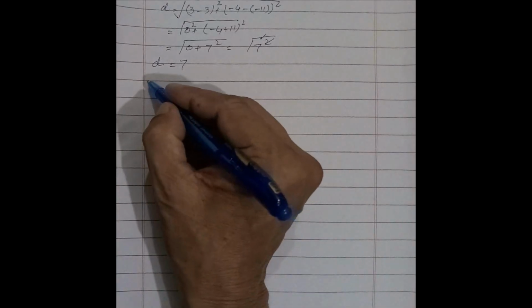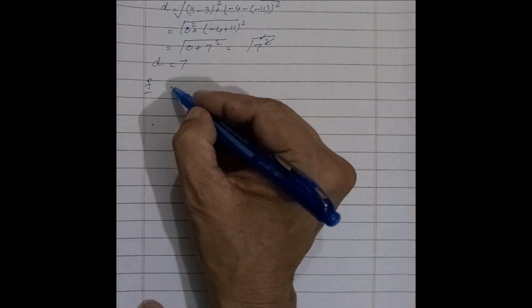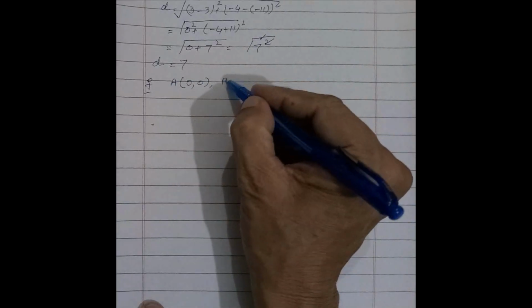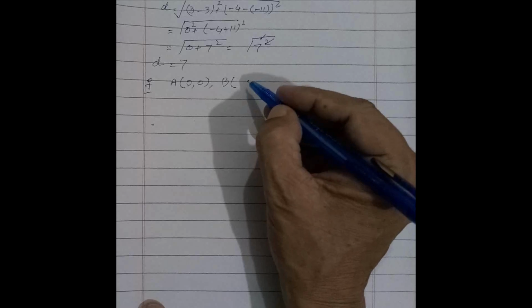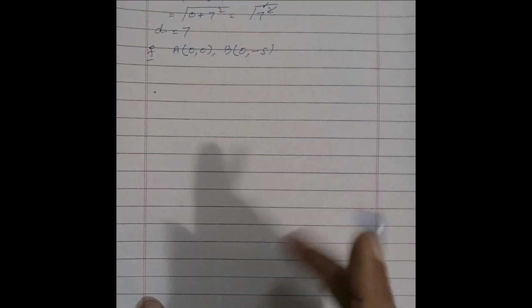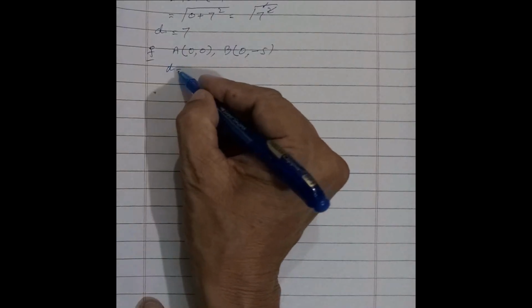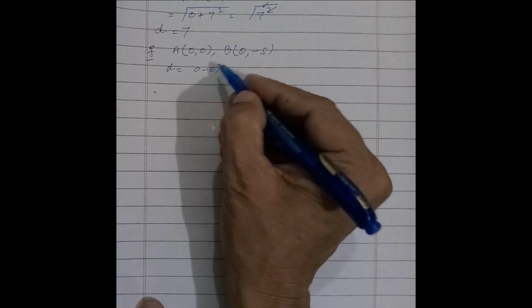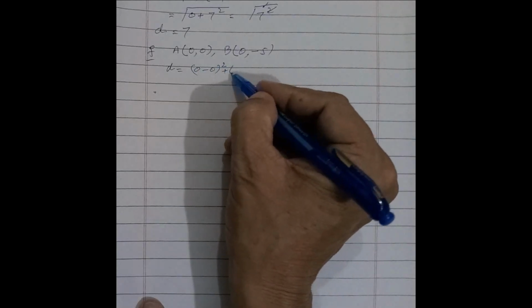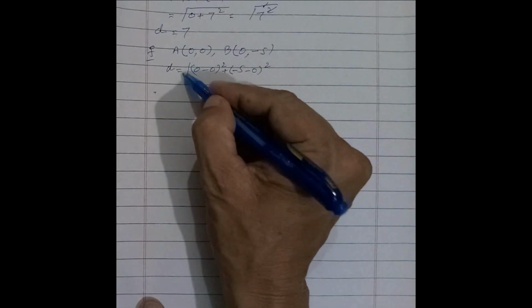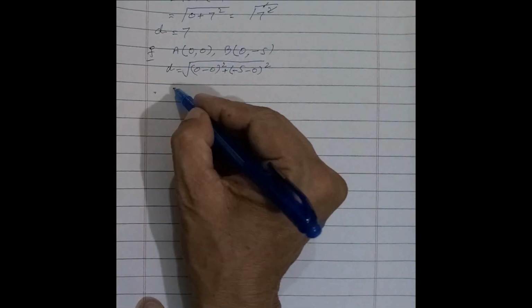And the next is part F, in which coordinate A is 0, 0, and coordinate of point B is 0 and -5. And we find the distance between A and B. D is equal to x2 minus x1, means 0 minus 0 whole square plus -5 minus 0 whole square root.